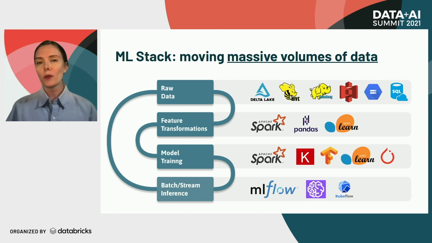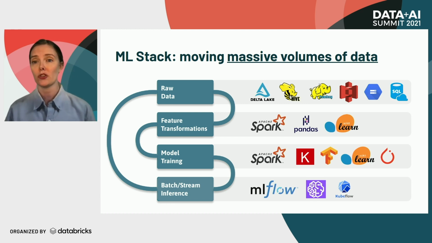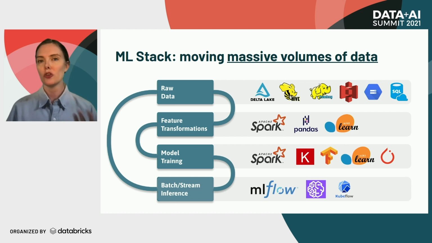If we look at the four main steps in the ML stack on the slide, processing raw data, generating features, training the model, and serving the model, each one of these steps involves transforming and moving massive amounts of data. Therefore, each step can either introduce a data bug or it can be completely derailed by a data bug. So the majority of machine learning problems come from data, from things like missing data, duplicate data, bad quality data, and data drifts.